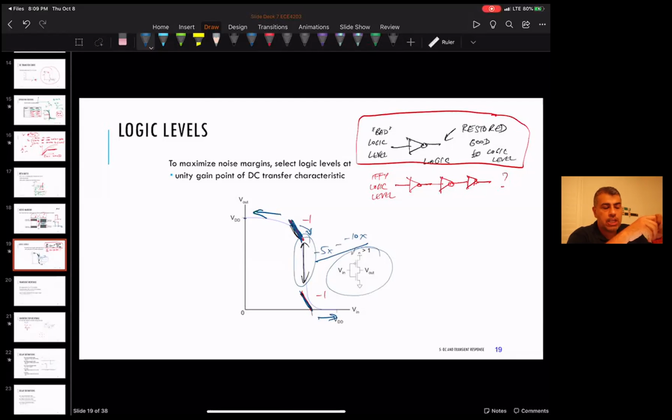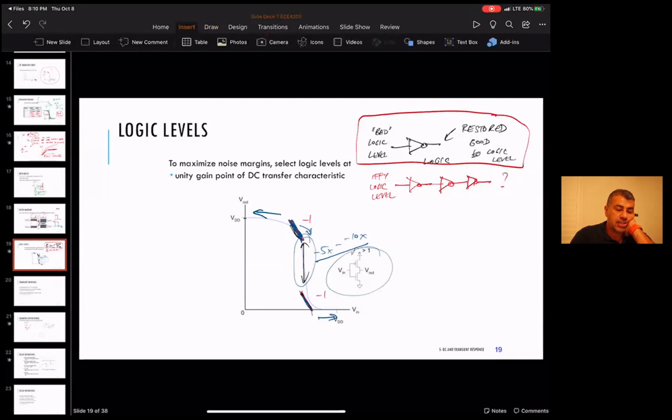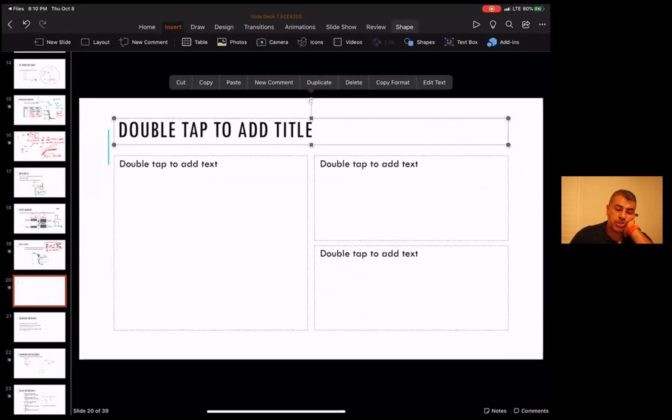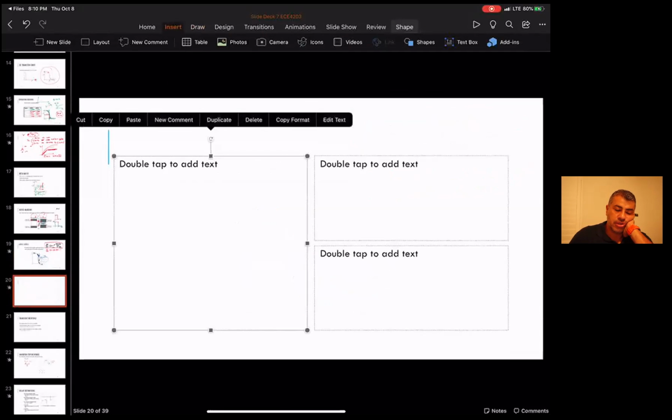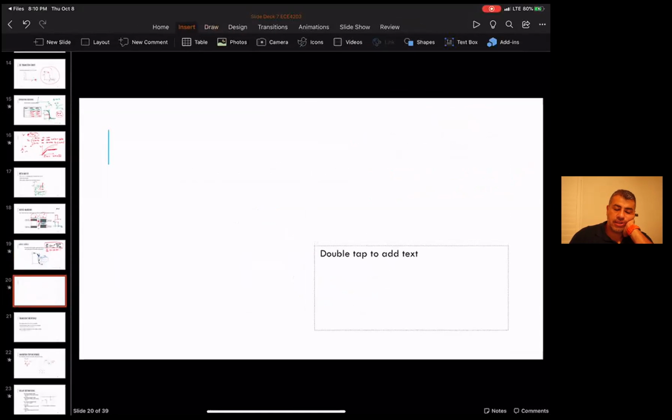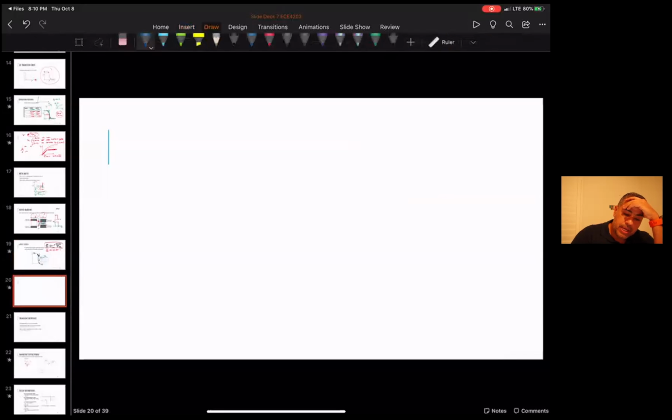Okay, and before we leave this, this is what we did for an inverter, but notice the situation for a NAND gate or NOR gate is similar, but it can get a lot more complicated. So let me just show you that as an aside. I think we'll see that later, but let's say we have a NAND gate.